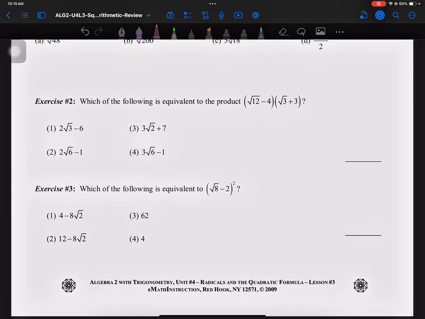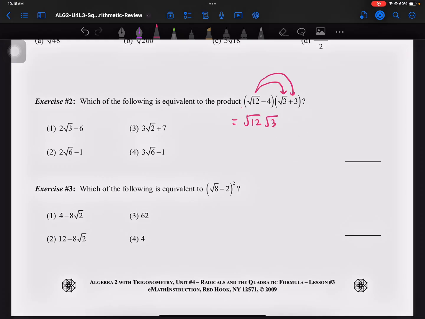We have this. So this is the expression given. We will multiply this like any binomial. First, outer, inner, last. Be careful with the sign. So the first term, √12 times √3, will be this one times this one, and then this one times this one, which is √12 times √3.